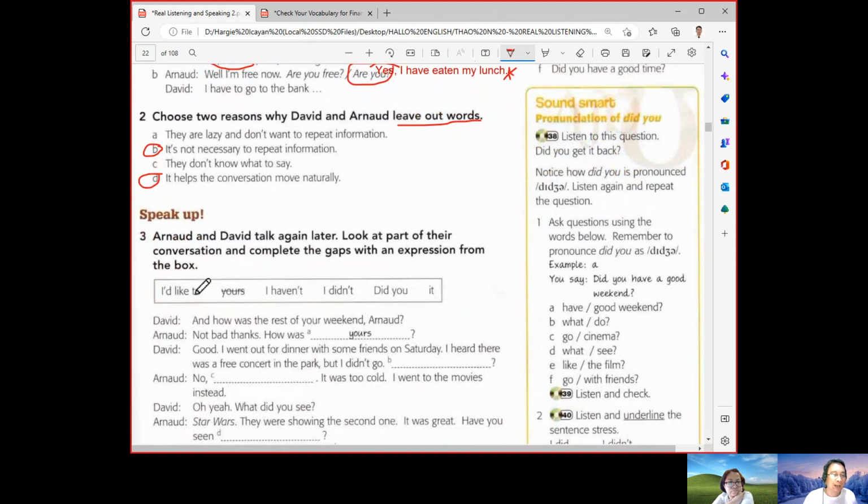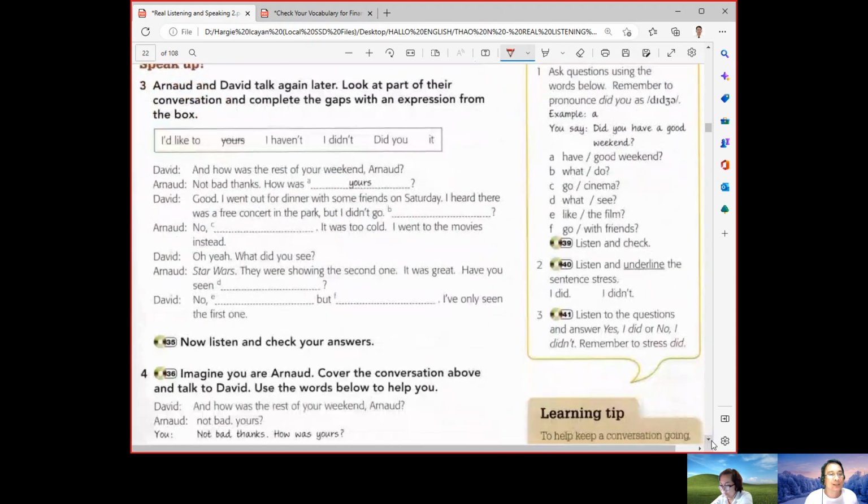Next, speak up. So Arnaud and David talk again later. Look at part of their conversation and complete the gaps with an expression from the box. Okay, so these are the words: I'd like to, yours, I haven't, I didn't, did you, it. So according to David, how was the rest of your weekend, Arnaud?